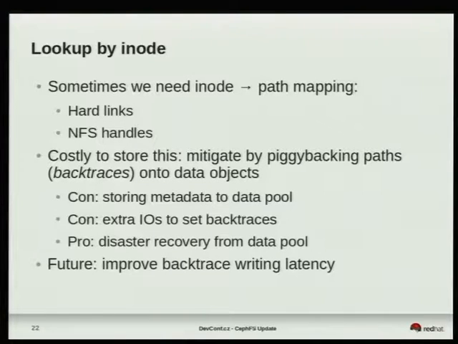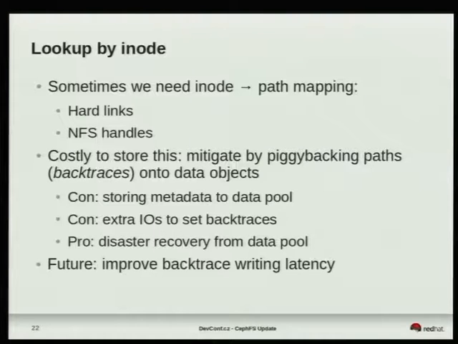In addition to the typical use case, where we're going and getting a file by listing it in a directory or traversing its path, which is how our data on disk is laid out, sometimes we need to go the other direction. We need to go from an inode to a path. And the only mainstream use case for this is NFS, because NFS keeps file handles on a client, and sometimes it'll come back to a server and say, hey, remember that inode I opened? And usually the server would actually not know.